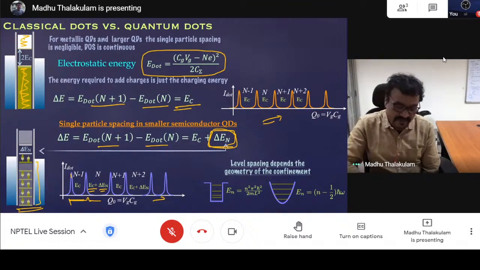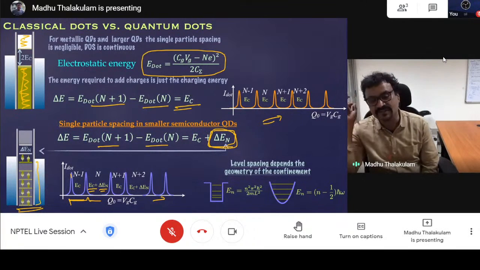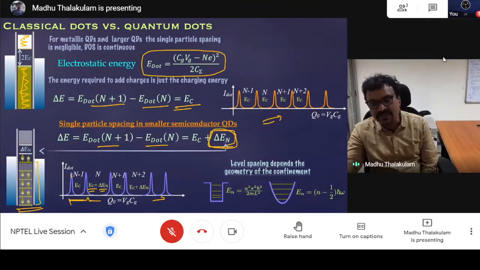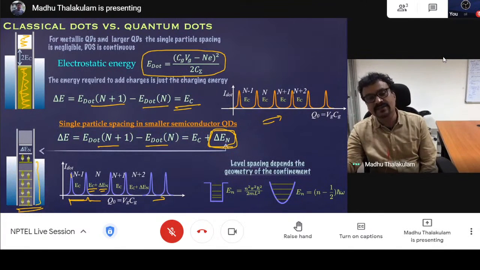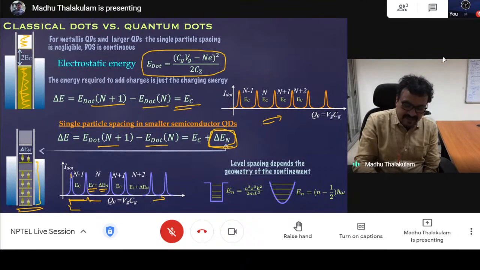So the periodicity of Coulomb blockade oscillation is going to change, and that is going to reflect the single particle state. That will tell you what is the size of the dot, what is the shape of the potential, what is the size of the potential, and all the other details.